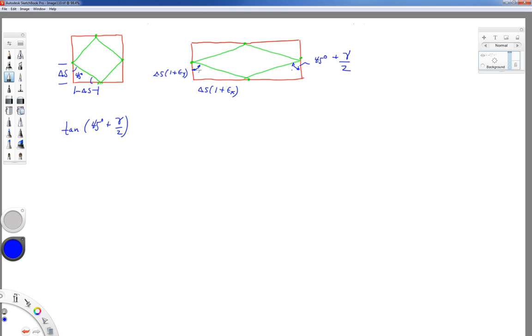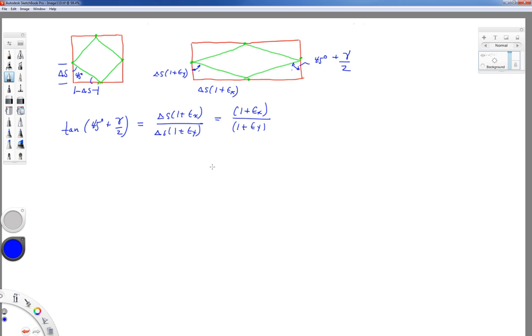If we look at this one on the left, we know that we can write the tangent as the opposite over the adjacent side. So that's delta S times 1 plus epsilon x divided by delta S times 1 plus epsilon y. The delta S's will cancel out, so it doesn't really matter how big our square is. The tangent of that angle is going to be given by 1 plus epsilon x divided by 1 plus epsilon y.